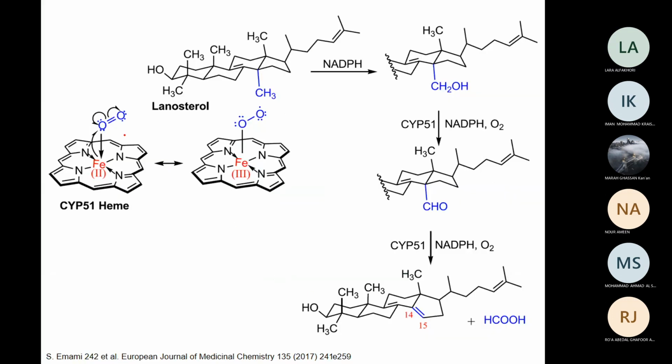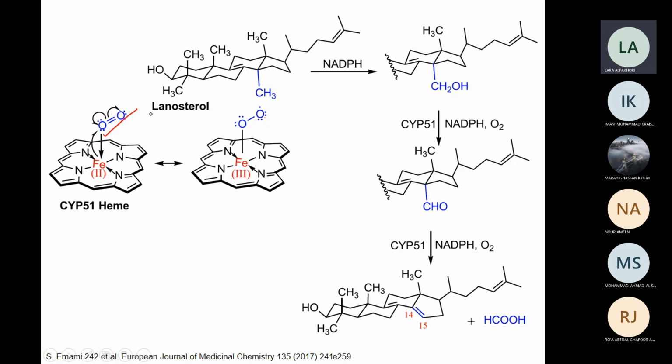Now the heme, or the iron in the heme, is usually bound to molecular oxygen, or it can easily bind to molecular oxygen, giving rise to an activated form of this molecular oxygen.